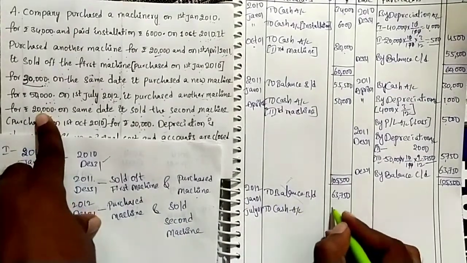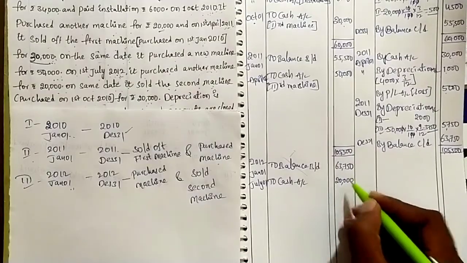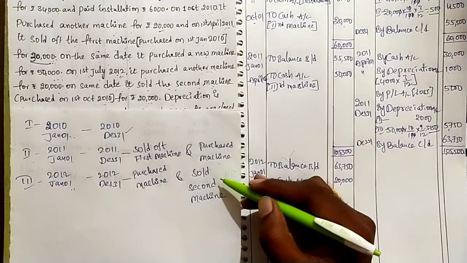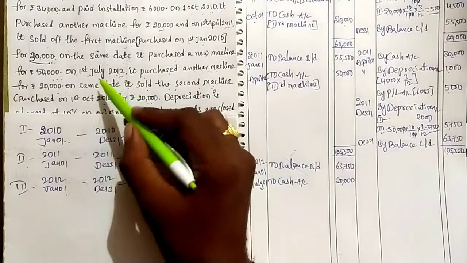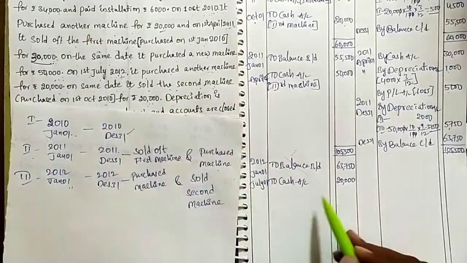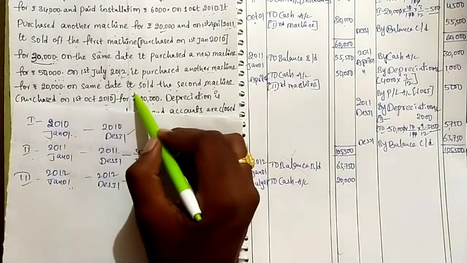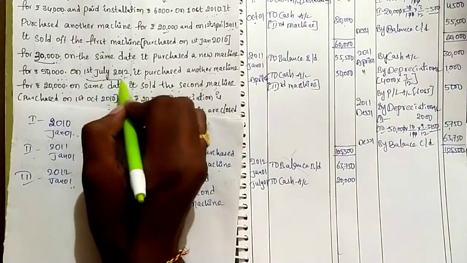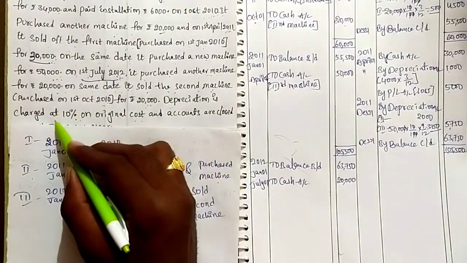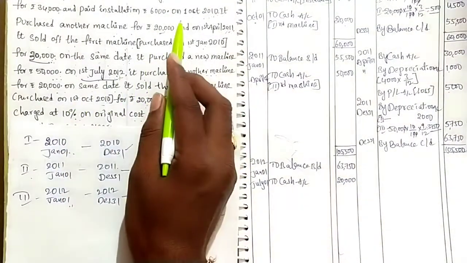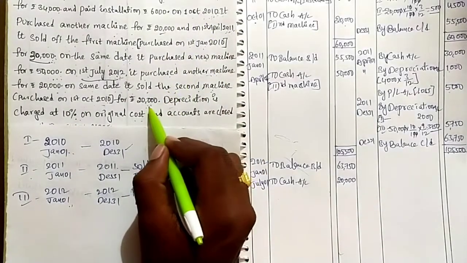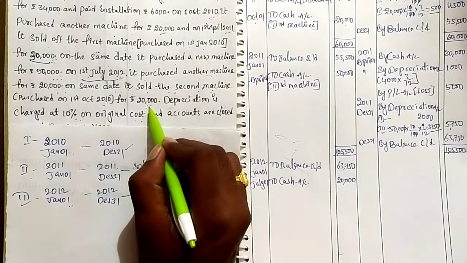How much? 20,000. In the third year, the second machine is sold. See this, on July 2012 it purchased another machine, that we already recorded. On the same date, July 1st 2012, it sold the second machine, that is the machine from 1st October 2010, for 20,000 rupees.